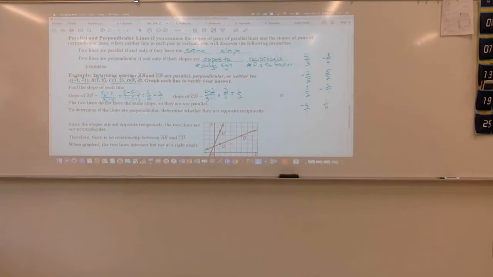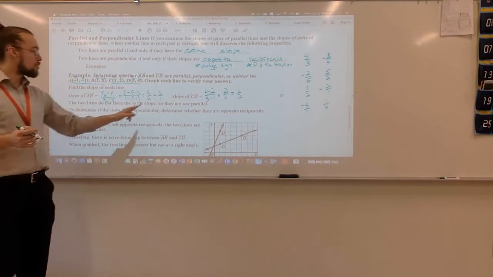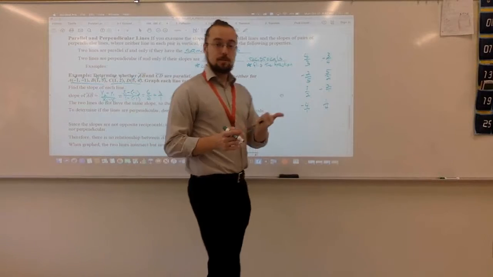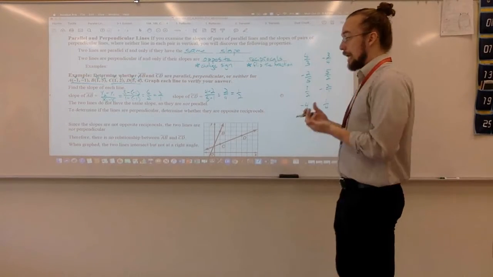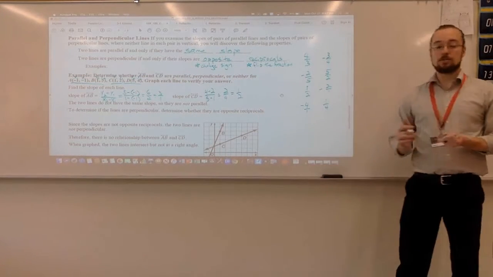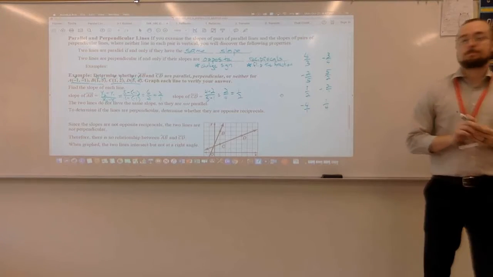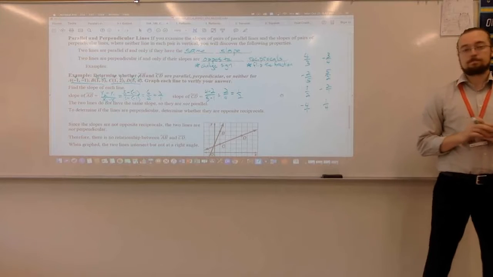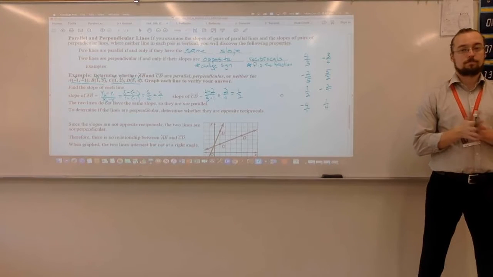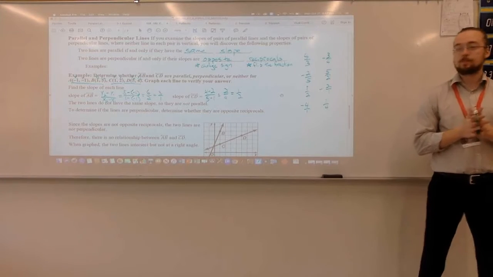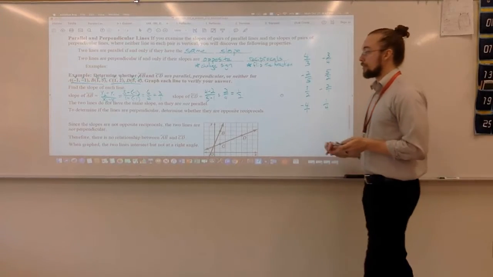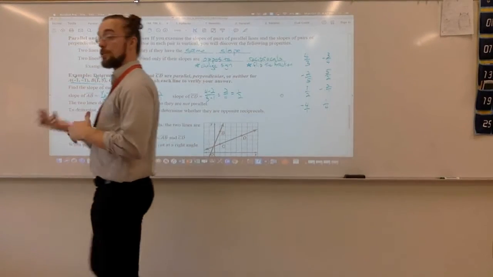Are they opposite reciprocals? No, right? So these two lines are not parallel because the slopes aren't the same, and they are not perpendicular because they are not opposite reciprocals.